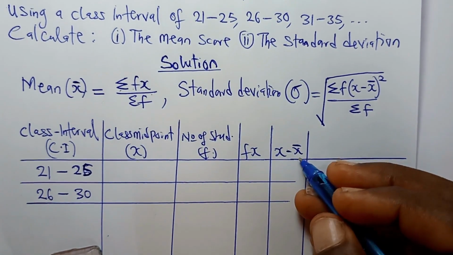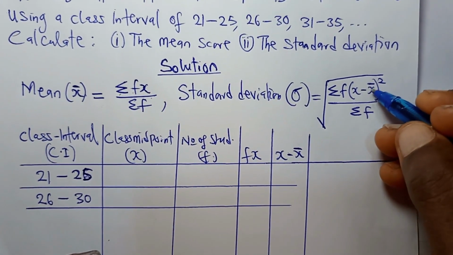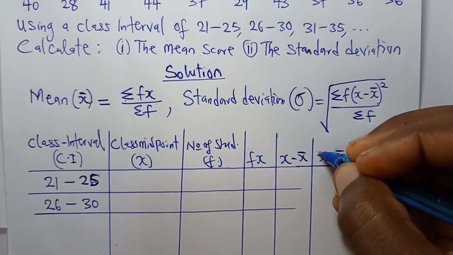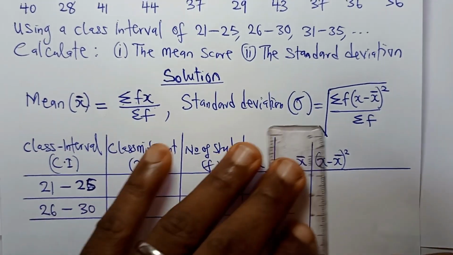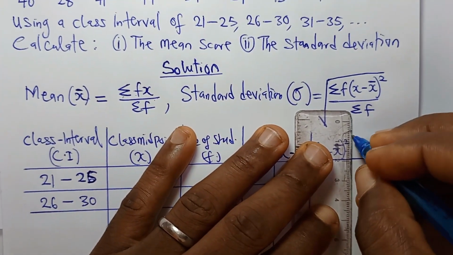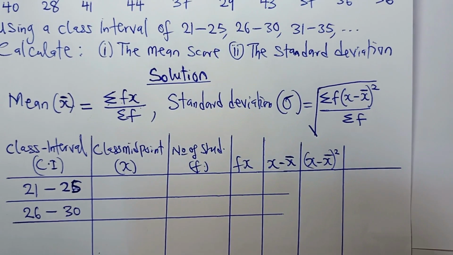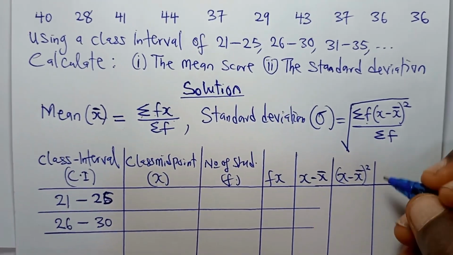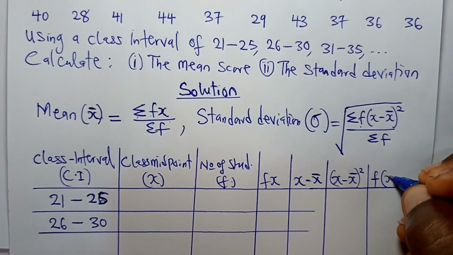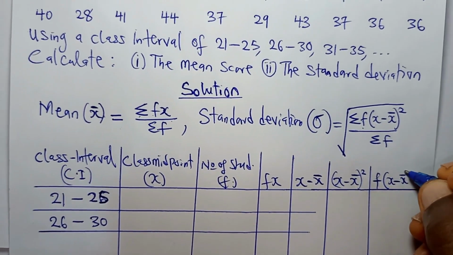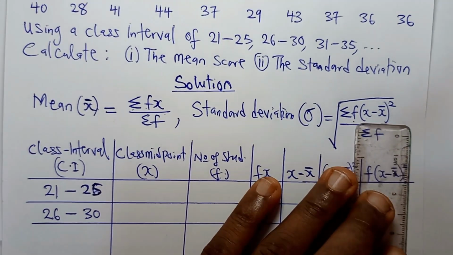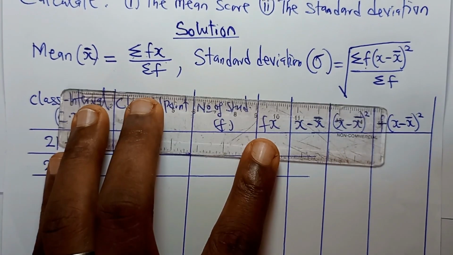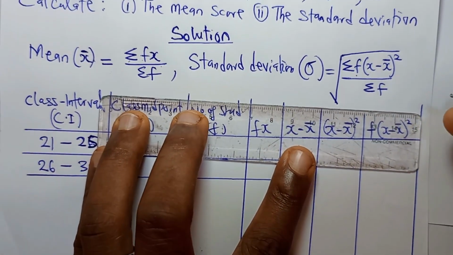Then after x minus mean, we need x minus mean squared. Then after x minus mean squared, we need frequency times x minus mean squared. So this is what we need to be able to solve this question. Let me just join this up to make it neat.